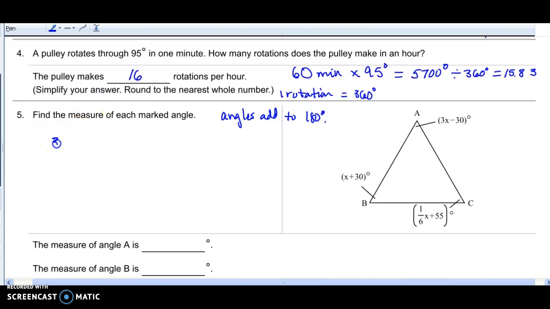Well, one angle is 3x minus 30, plus another angle is x plus 30, plus the third angle is 1/6 x plus 55. So if I add all three angles together, set that equal to 180, I can find the value for each angle A, B, and C. So work on solving that.